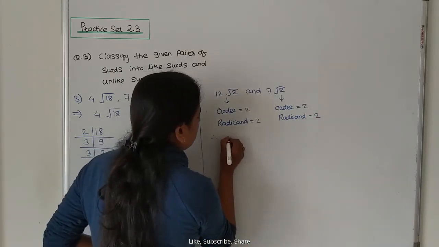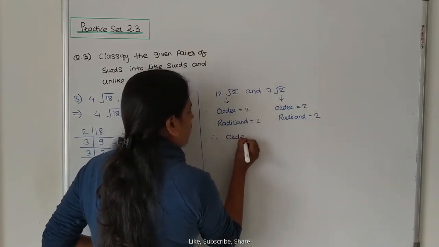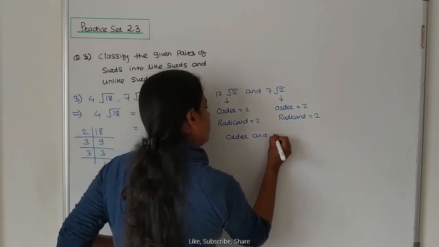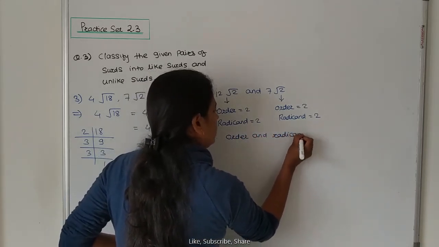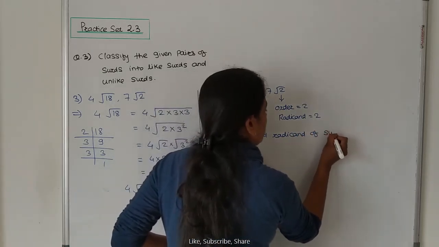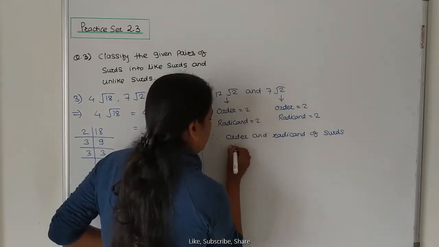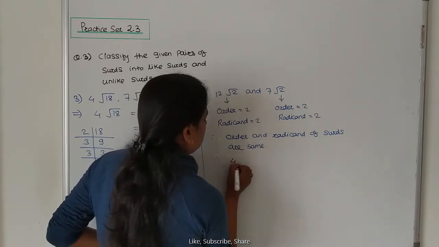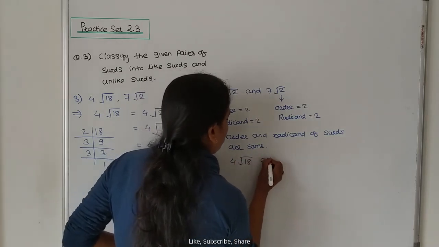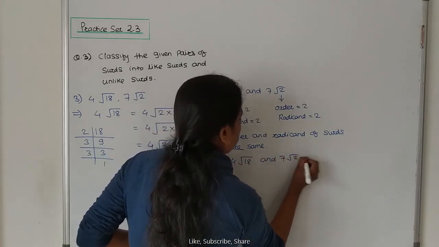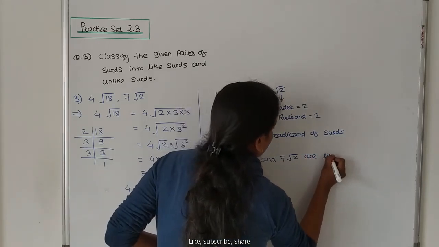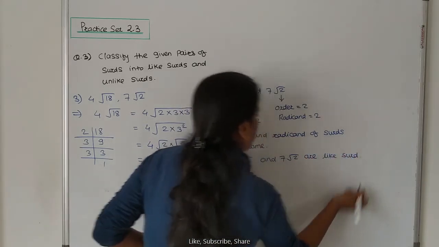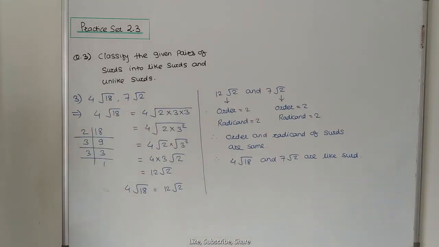So therefore, order and radicand of surds are same. So therefore, 4 root 18 and 7 root 2 are like surds. If the order and radicands are same, then we have to get the two surds are like surds.